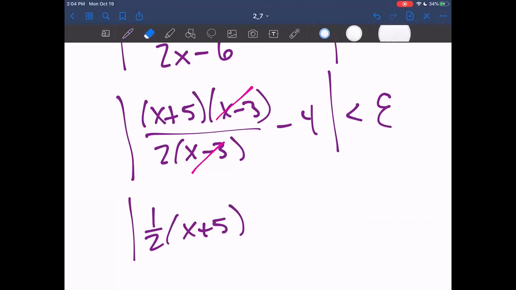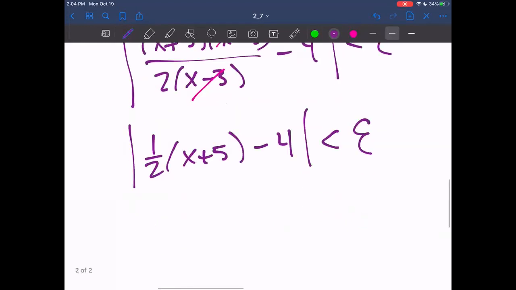Here, let's leave this as minus 4. All we did was simplify the x minus 3. Then I notice I've got a 1/2 here, and I can probably factor a 1/2 out, or I can rewrite 4 as 1/2 times 8.